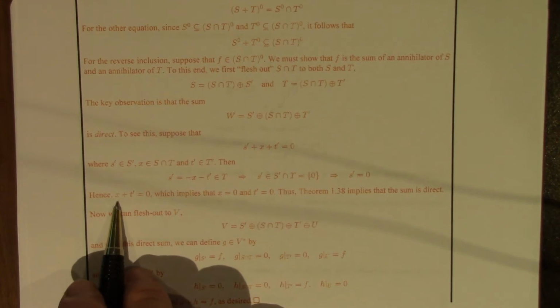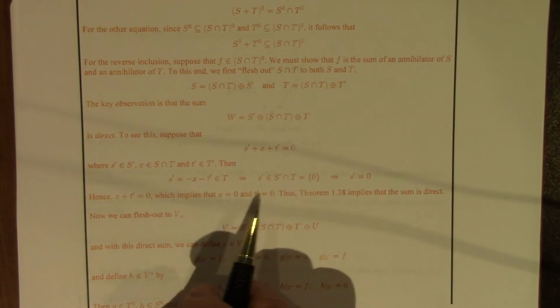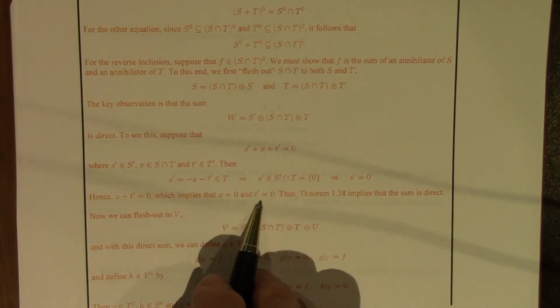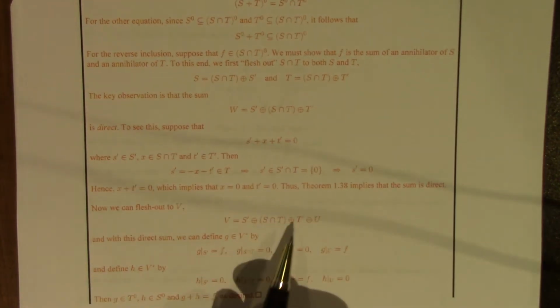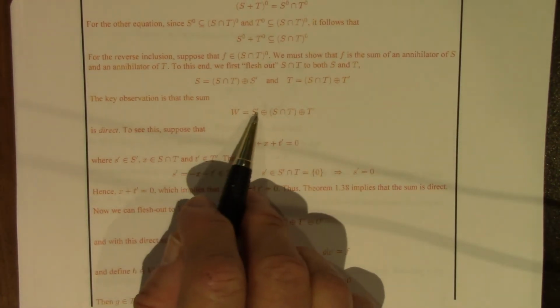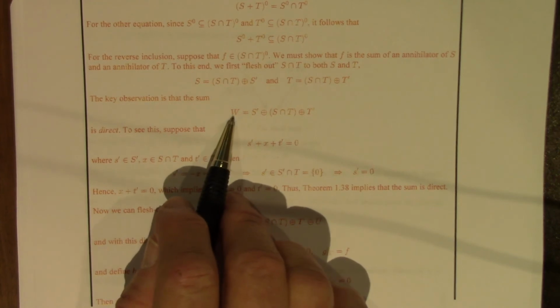So that means that X plus T prime is 0, and that implies that both X is 0 and T prime is 0. So this is a direct sum. Now we can expand W to express V as a direct sum of W with a complement of W. This is W here, so call it U.